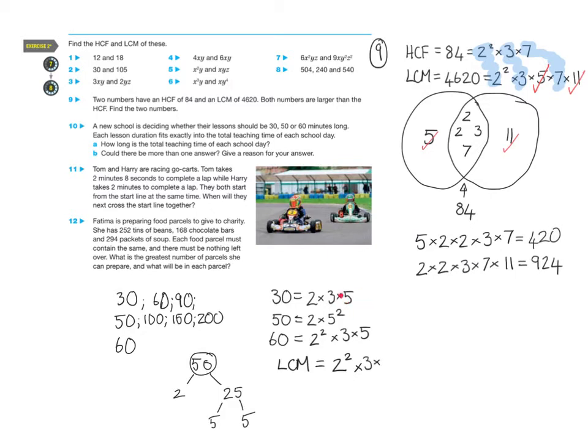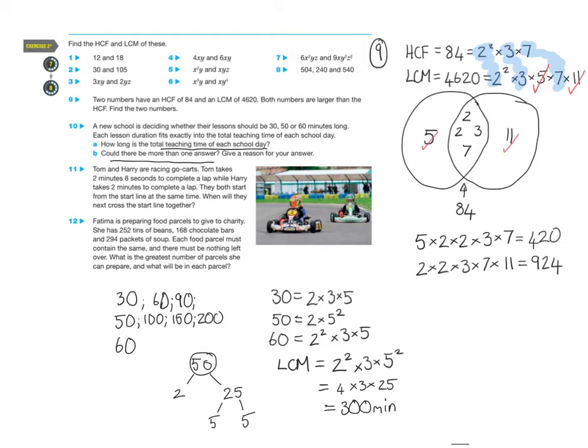And lastly, I have a 5 squared and a 5. Let's put that over there, and then I'm going to work it out. It's going to be 4 times 3, which is 12, times 25, and this equals 300. Now remember, that's in minutes, so 300 minutes is the total teaching time of each day.